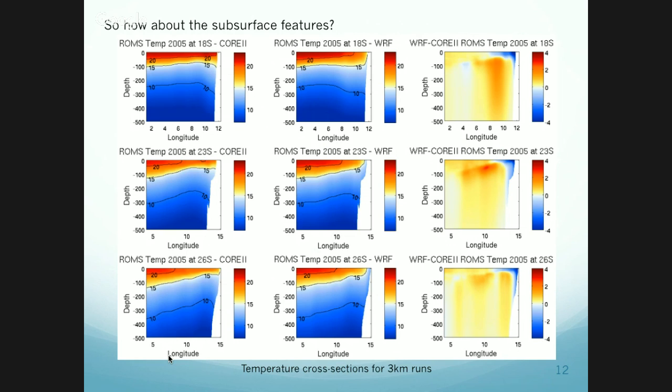Along the coast, the upwelling is pretty strong in the WRF forcing, and for the CORE 2 forcing the upwelling is pretty weak. Here I plot the differences between these two, and the results show something interesting: along the coast, the WRF forcing temperature is much colder than the CORE 2 forcing, but almost everywhere else, the WRF forcing is actually warmer than CORE 2 forcing.